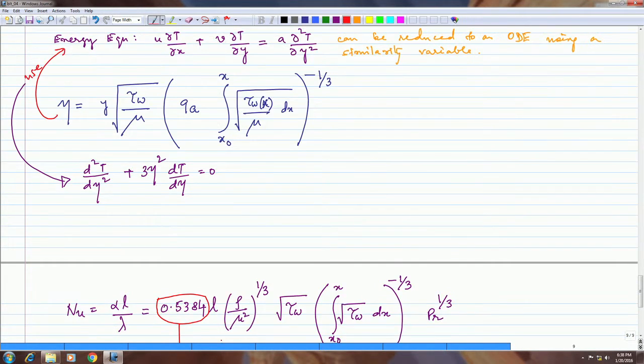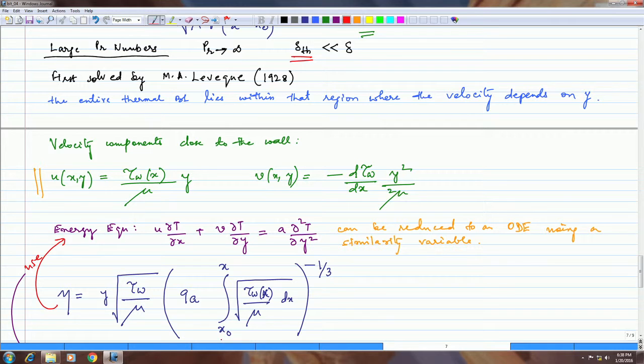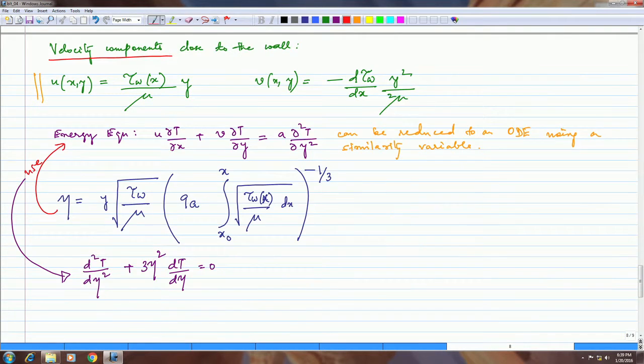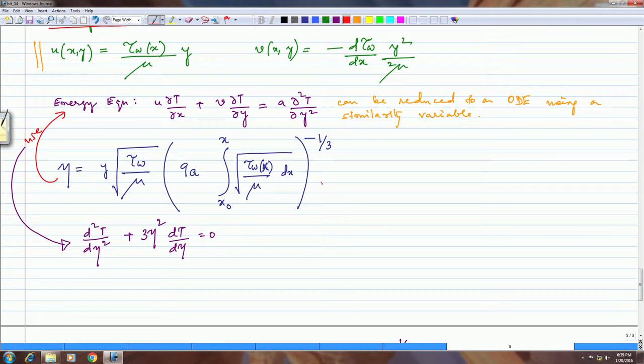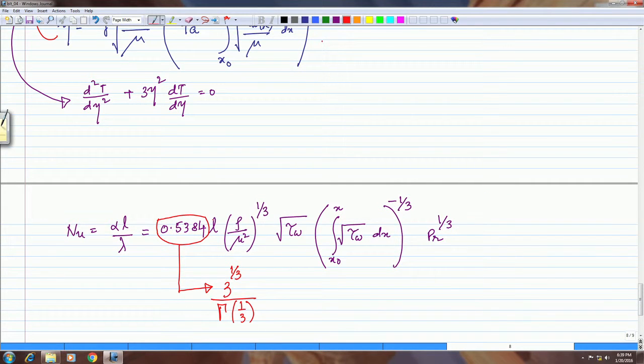The whole gist here is that for large Prandtl numbers, if you use this description of the velocity components close to the wall, then the energy equation is reduced to an ODE using this similarity variable. So the equation becomes this, and it has a standard solution in terms of the incomplete gamma function.